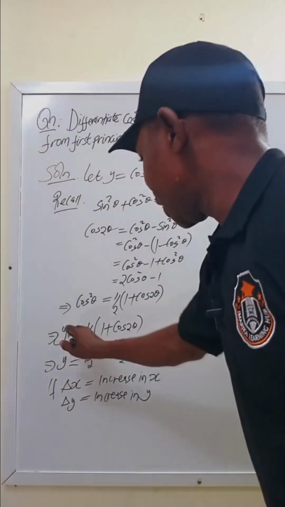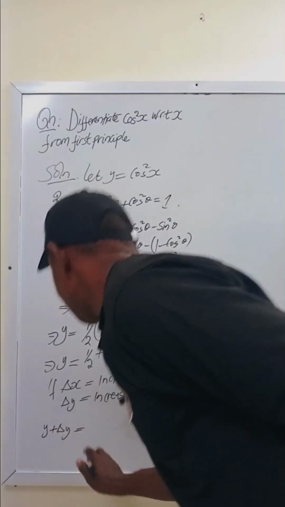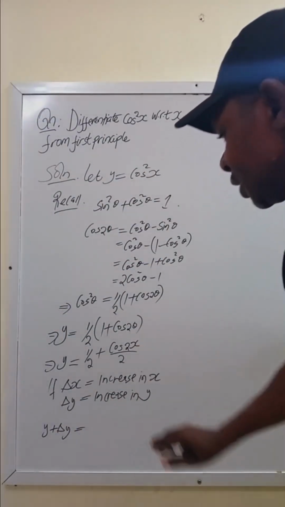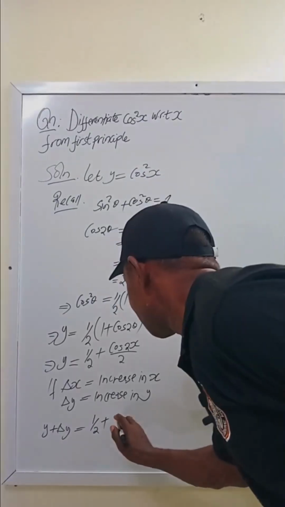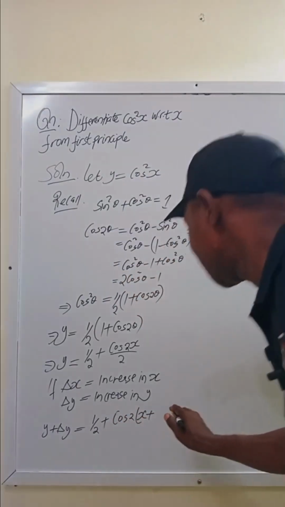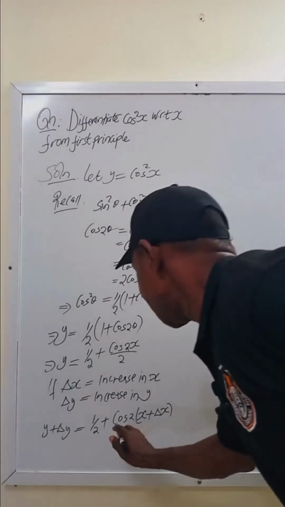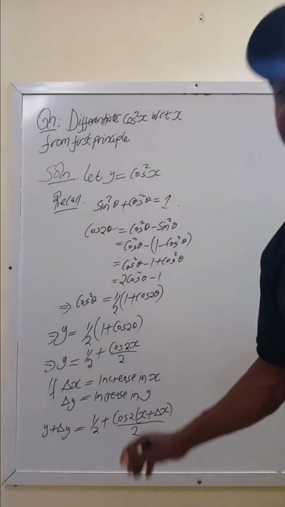Add delta y to y, so it will be y plus delta y. This will be equal to, and add delta x to every x which is in this expression. So it will be a half, then plus cos 2 into bracket, now our x becomes x plus delta x. You see this? Then let's divide by our 2. This is what we have.